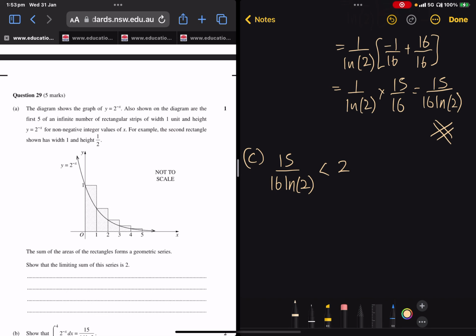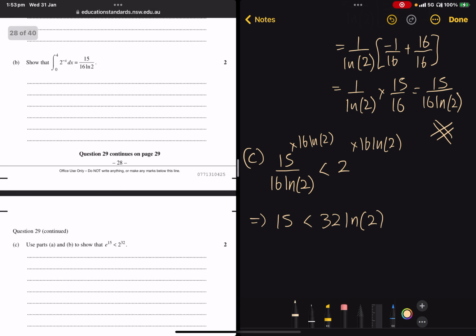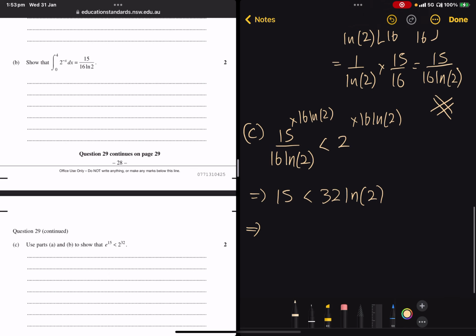If we multiply both sides by 16 times the natural log of 2, this gives us 15 is less than 32 times the natural log of 2. And remember, we are after e to the 15 is less than 2 to the 32. Well, if we put both of these under an e, we get e to the 15 is less than e to the 32 times the natural log of 2.